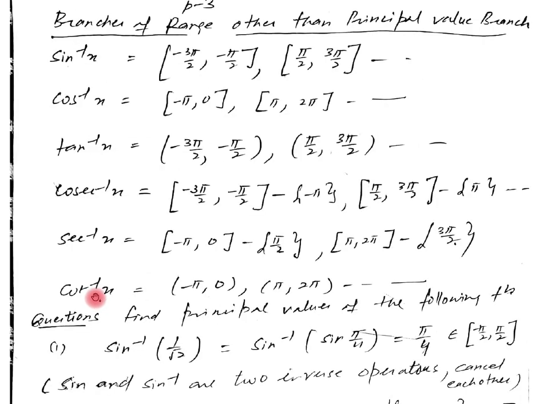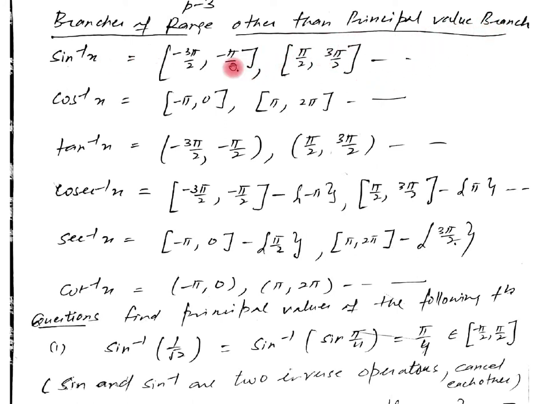Now, when I introduced the sine inverse function and the cos inverse function, I also told that there are some other intervals in which the function is one-one. These are the branches of the range other than the principal value branch. But in our questions, we only use the principal value branch. Sometimes in the examination, in a 1 mark question, it can be asked to tell another interval of the range other than the principal value branch.